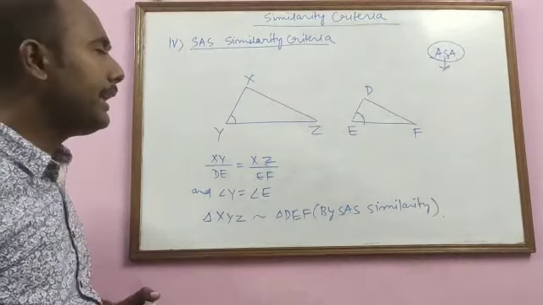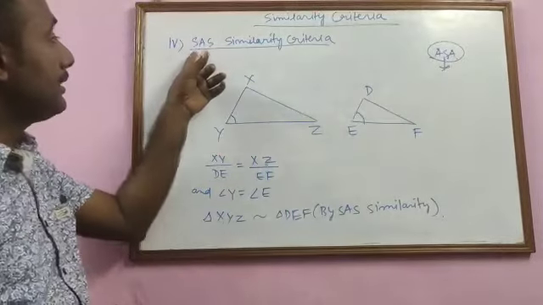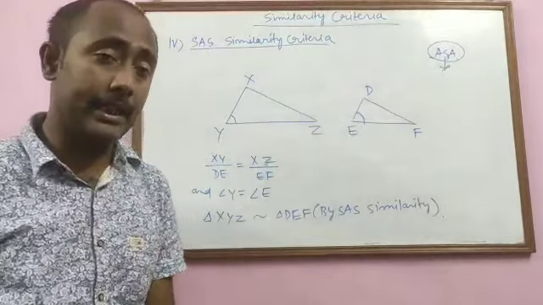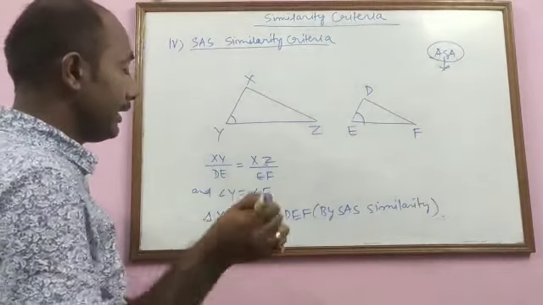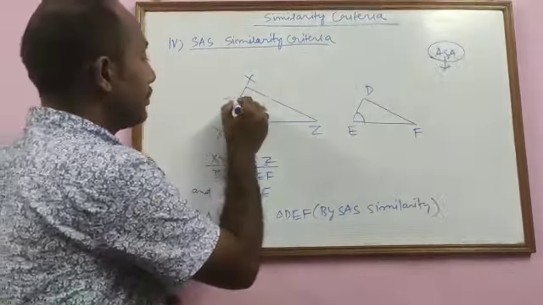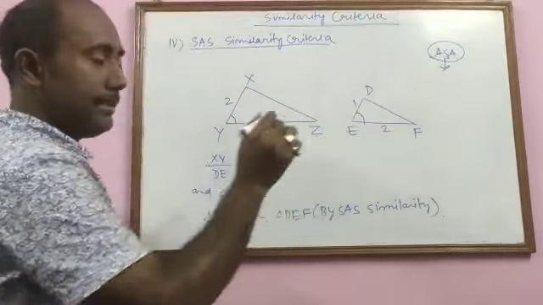So you have to be very careful with this one. Most of the time students make mistakes in judging SAS similarity criteria. Suppose these two sides are proportional, it will be given to you. Say here it is 2, it is 1. I say it is 4, it is 2. So the ratios are the same.